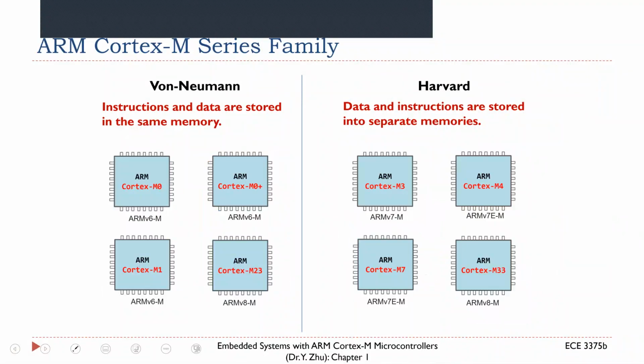So for ARM processors, we have different chips. These are the ARM processors within the von Neumann computer architecture. The early processors would be cheaper in terms of price, and the hardware would be more advanced.